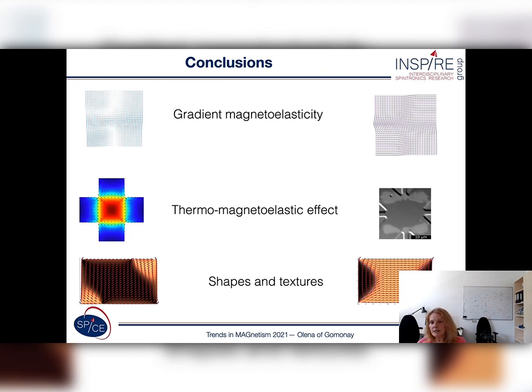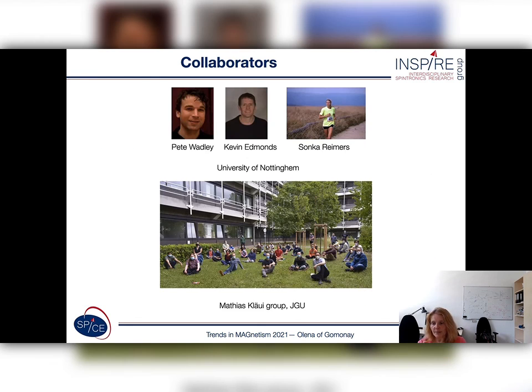I demonstrated that this gradient magnetoelasticity can describe thermomagnetoelastic effect, which is responsible for switching in antiferromagnets due to the current, and also illustrate the application of magnetoelasticity to the prediction of textures in different shapes.